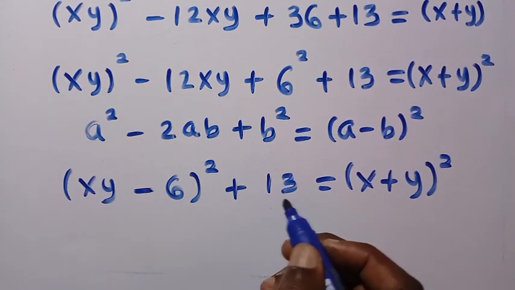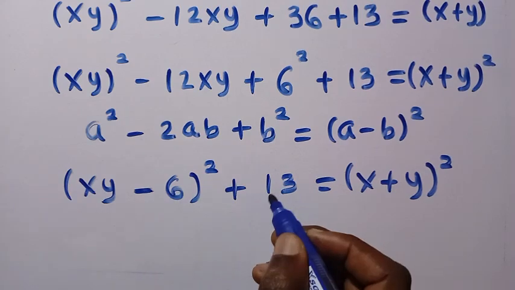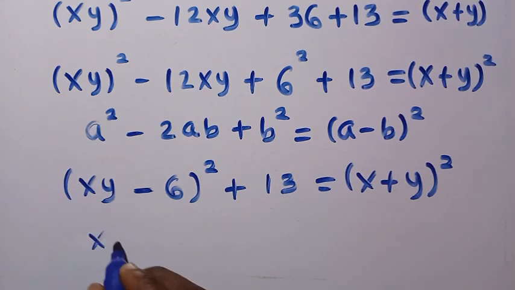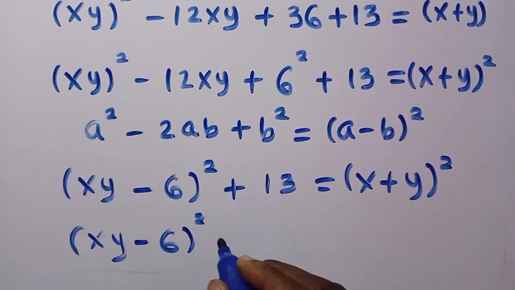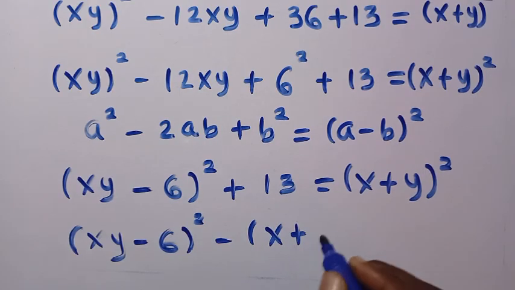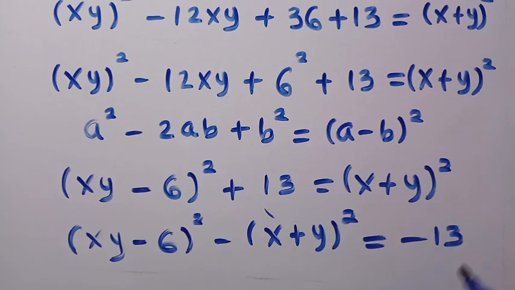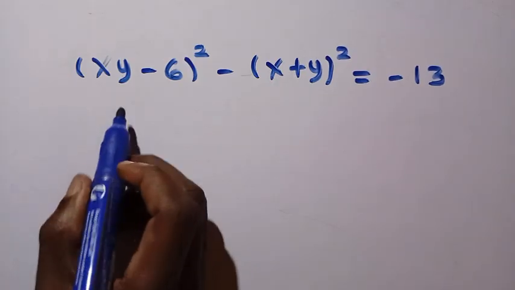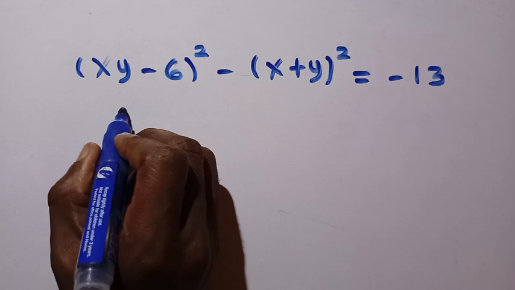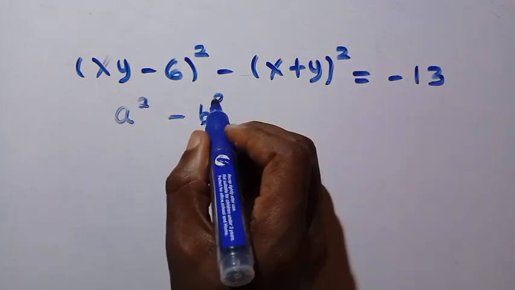By trying to rearrange this, let's take (x + y)² to this side and transfer 13 to the other side, as we have (xy − 6)² − (x + y)² = −13. Continuing, suppose I call all this one a² minus all this b².